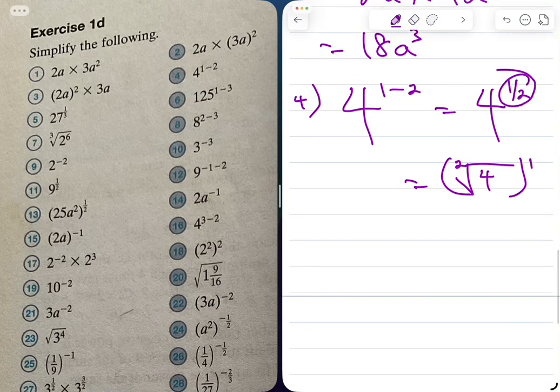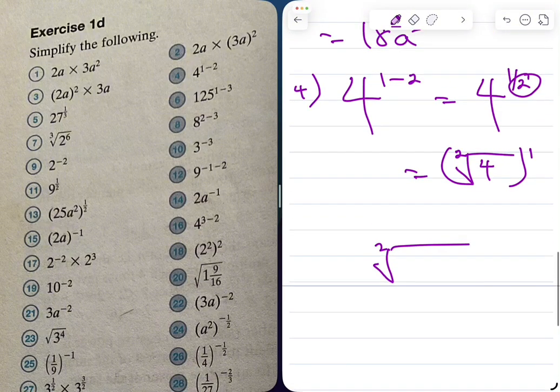When the power is a fraction, you put the root sign and write the denominator of that fraction here, write the number which is 4 under the root, and raise everything to a power which is the numerator of that 1 over 2, and that's 1 here.